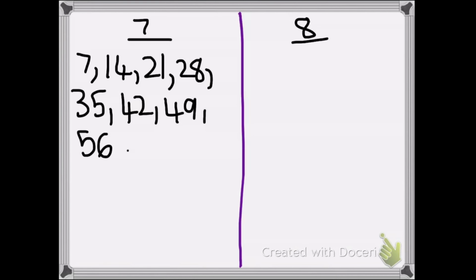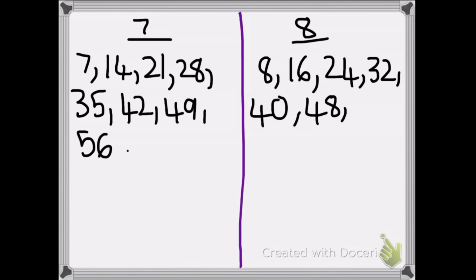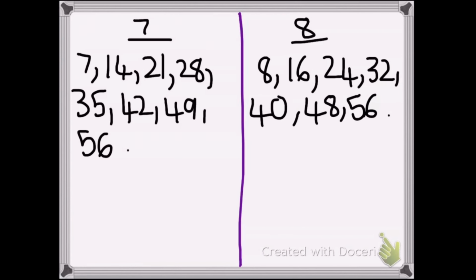And let's do the multiples of 8. 8, 16, 24, 32, 40, 48, and 56. So that's all we write for now. Do you see any numbers that repeat in 7 and 8?